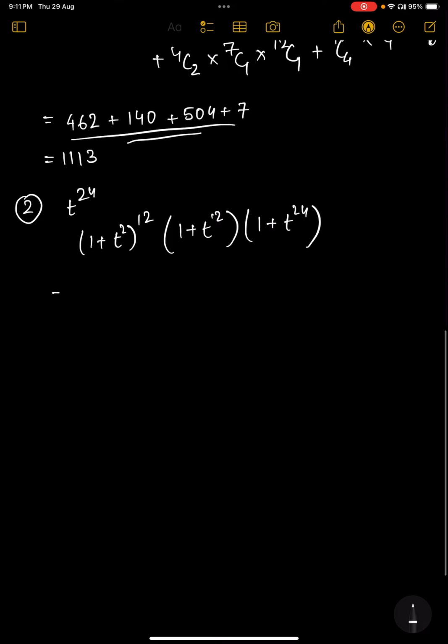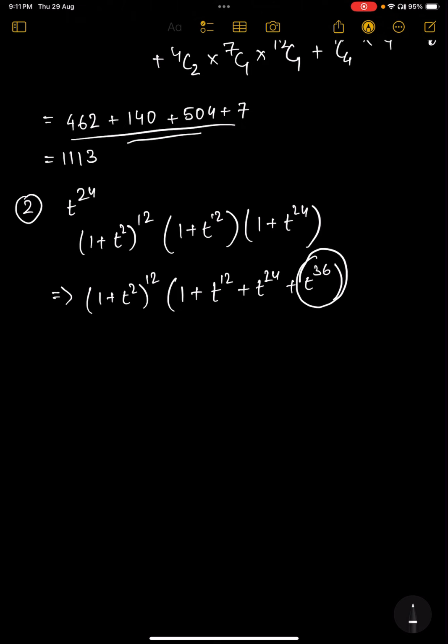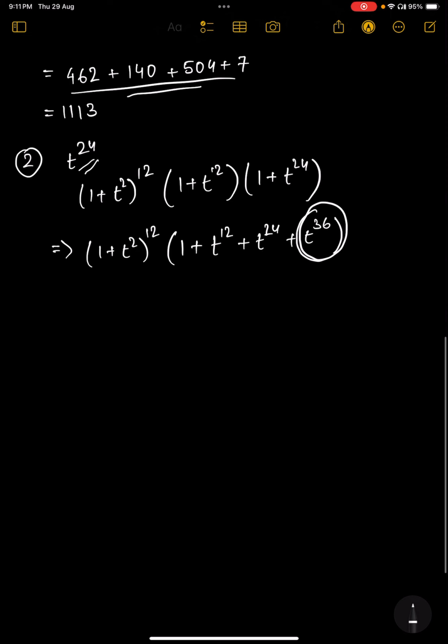So what I'm going to do in the next step is just expand this. So we have 1 plus t to the power 12 plus t to the power 24 plus t to the power 36. Now, if you see, I can very well ignore the t to the power 36 term because this will never allow me to achieve the coefficient for t to the power 24.